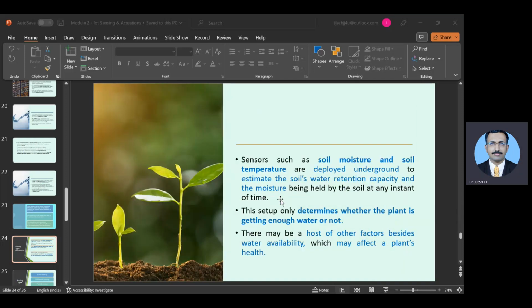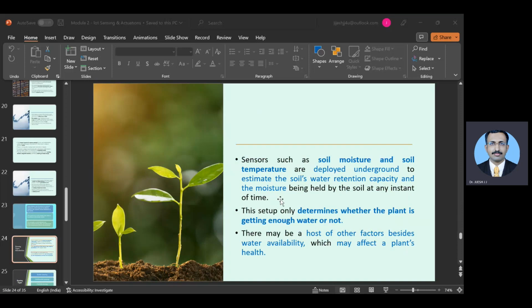Let us take that example and see how it works. You can see plants planted in soil, and you are connecting sensors here, for example a soil moisture sensor and a soil temperature sensor.